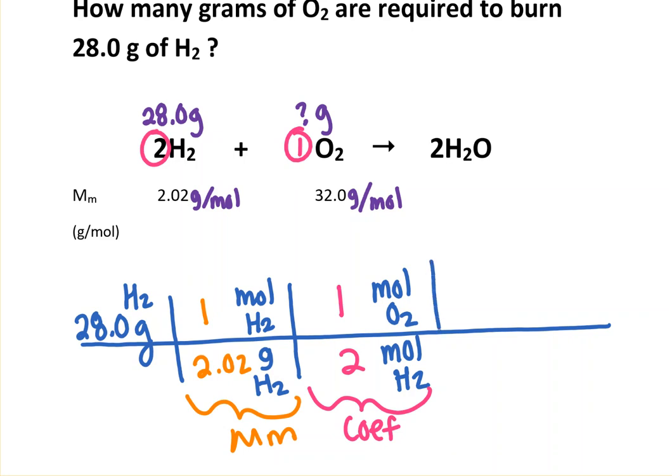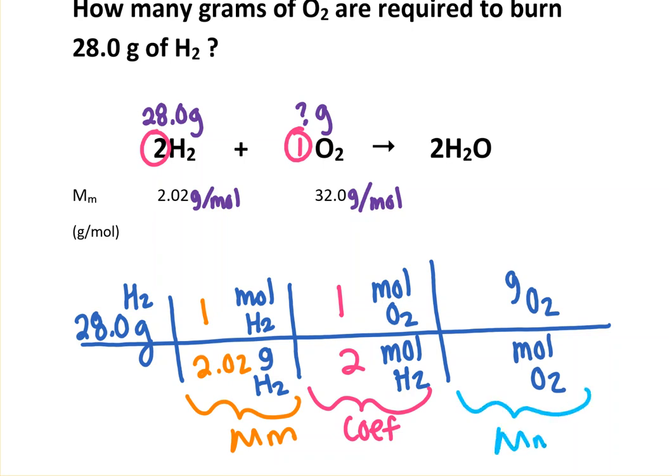If I did the math right now, my answer would be in moles of oxygen. These have canceled. I don't want moles of oxygen, it asks for grams of oxygen. So I'll put moles of oxygen here and go to grams of oxygen. And what do I use to do that?